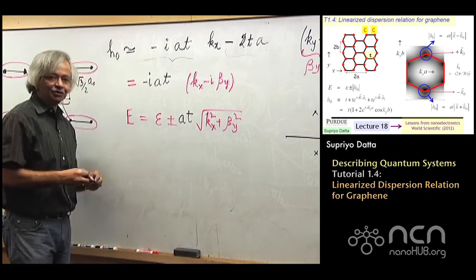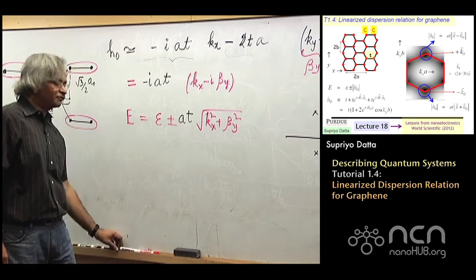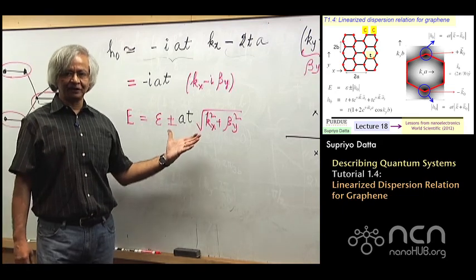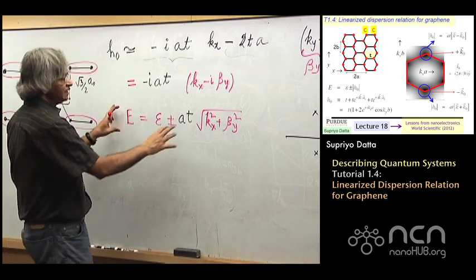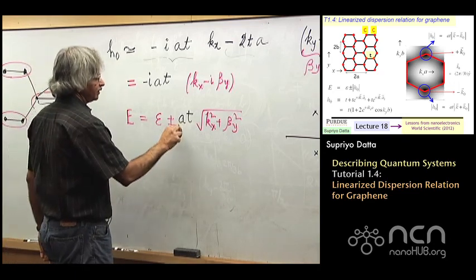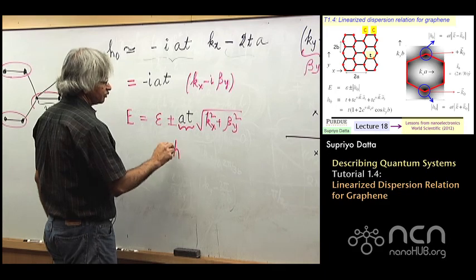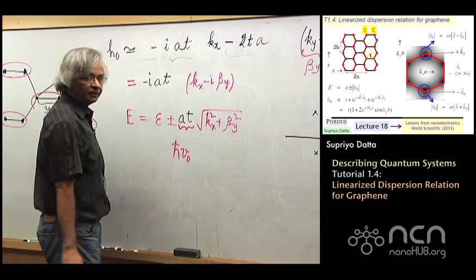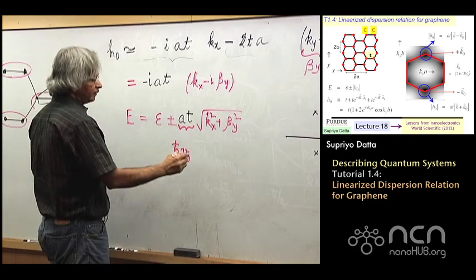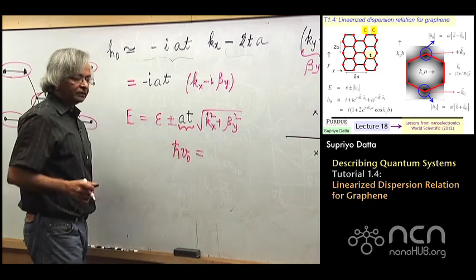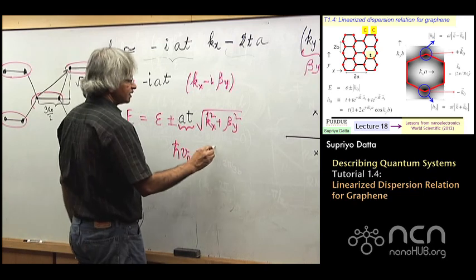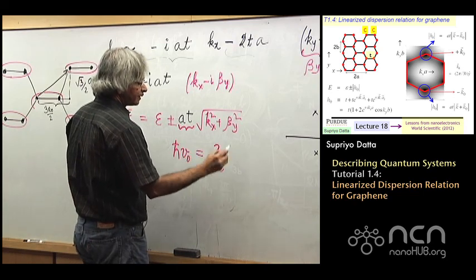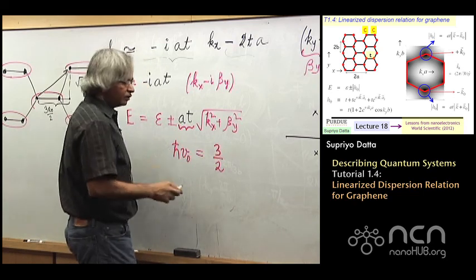This then gives you an expression for the velocity of electrons in vacuum, in graphene. What's the velocity? Remember, it is dE/dk, so it is really that quantity. That's what you should associate with h bar v0, dE/dk. And what is A? Well, that's 3/2 times the carbon-carbon bond length, which is 3/2 times A0.